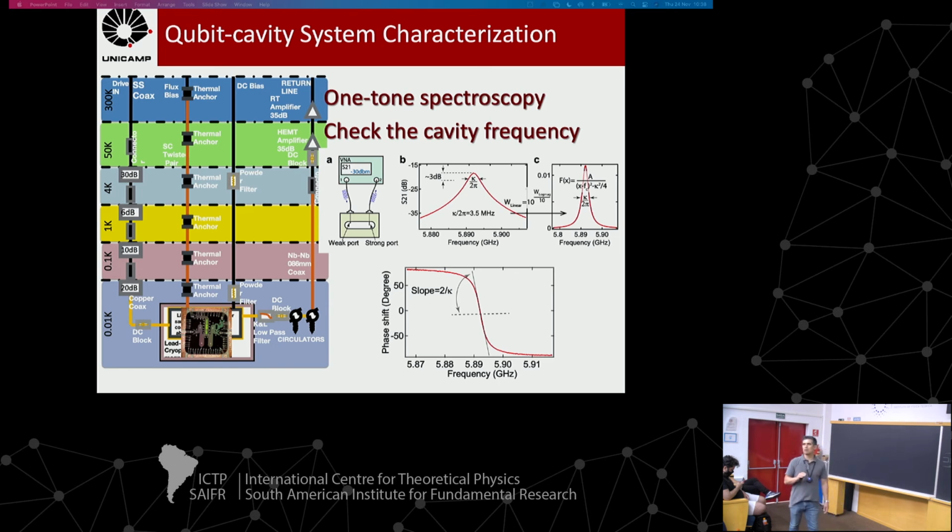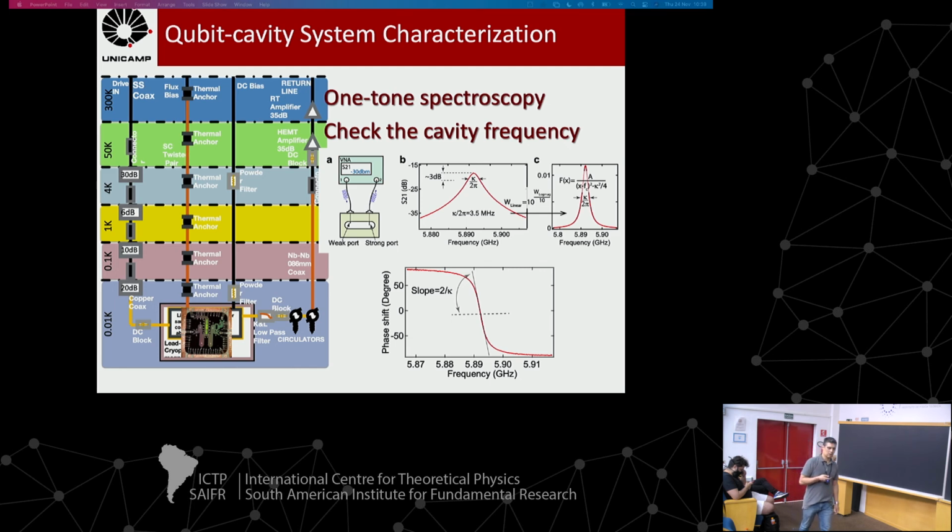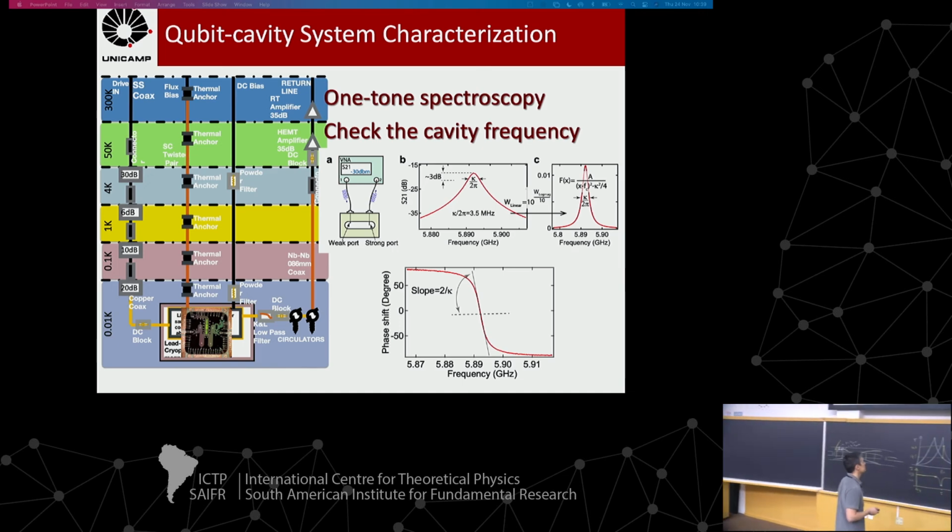So 1 gigahertz is around 50 milli-K. Okay? So if I'm at a temperature of 50 milli-K, anything that has 1 gigahertz is really hard to see, because 50 milli-K gives a noise that's proportional to 1 gigahertz.